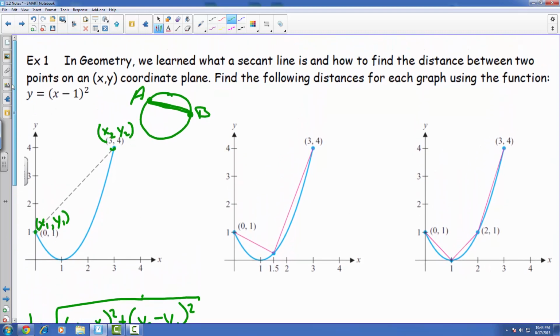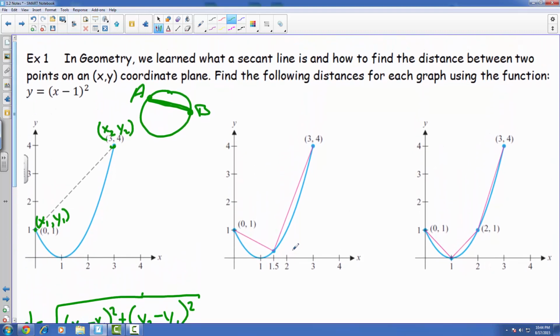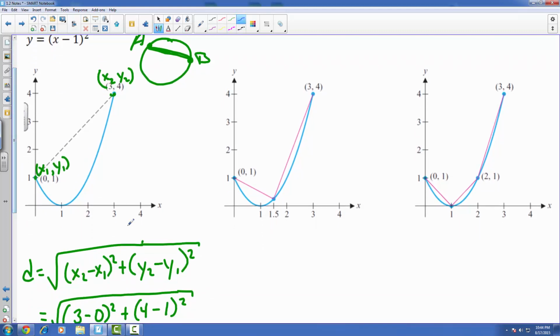Now, what happens if, for example, we include 2 secant lines? Well, the game is still exactly the same. You're still going to use the distance formula. However, for this one, we'll call this guy still x1, y1. We'll say that this point right here appears to be about 1.5, and the y value is maybe 0.25.